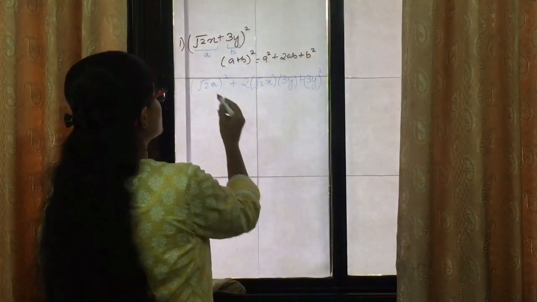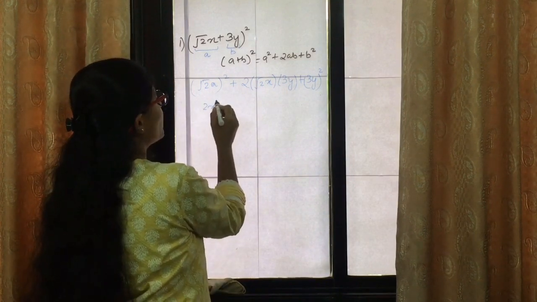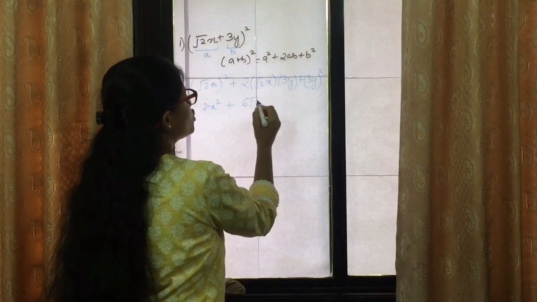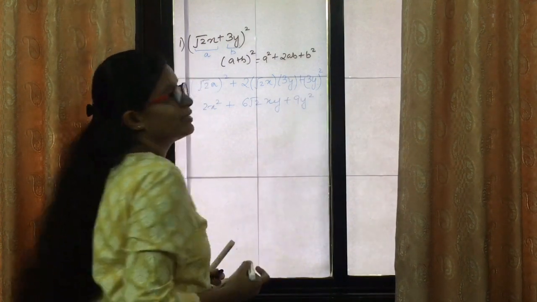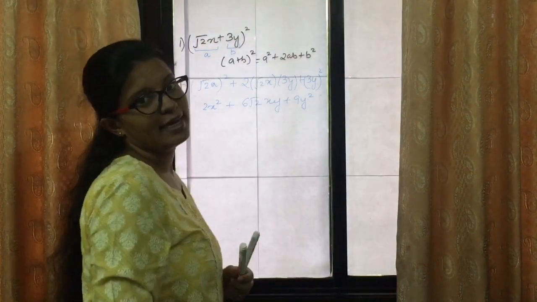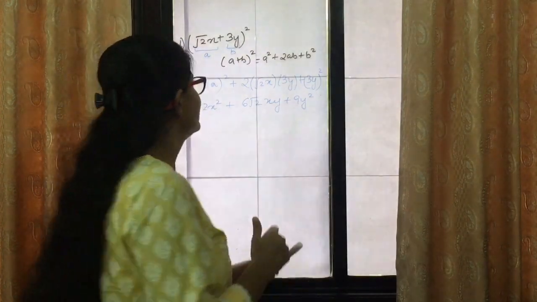Root 2x whole square will give you 2x square, plus 2 into 3 gives you 6, so 6 root 2 xy, plus 9y square. So this is how we expand these identities. These are nothing but the expansion of the identities.